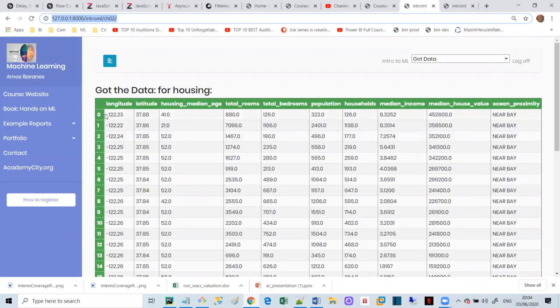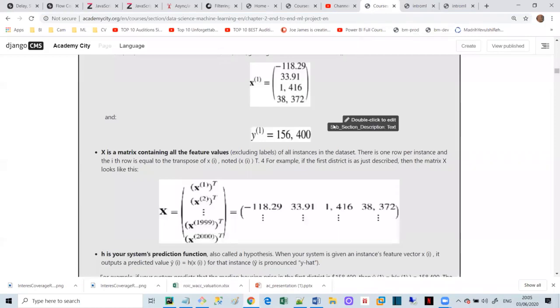Many times it's called a case. Some people call it a case, an object, an observation. All of those are synonyms describing one line in my data, okay? What we have done is organize the data so every row represents a case.